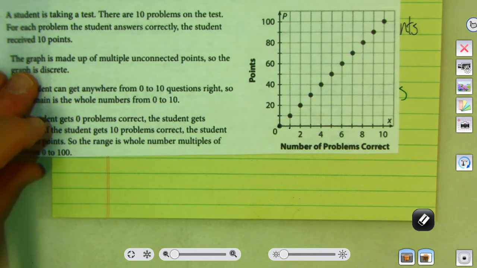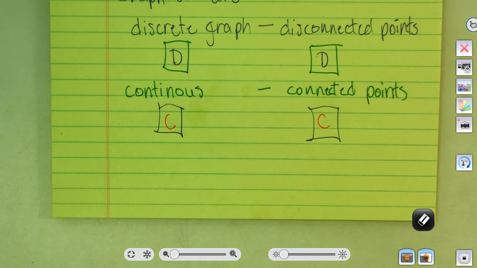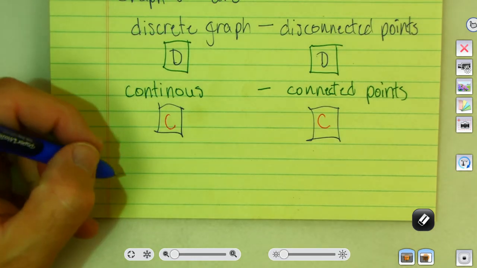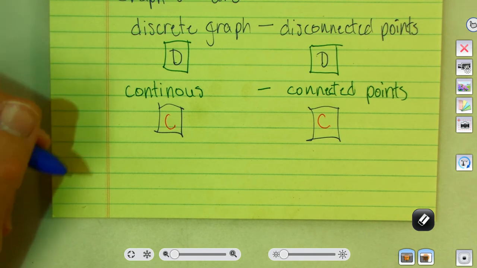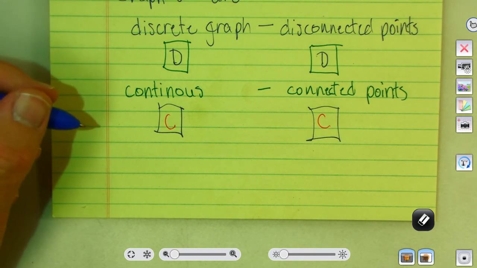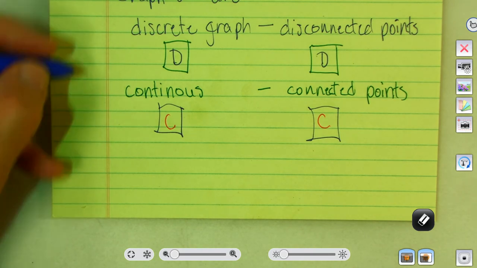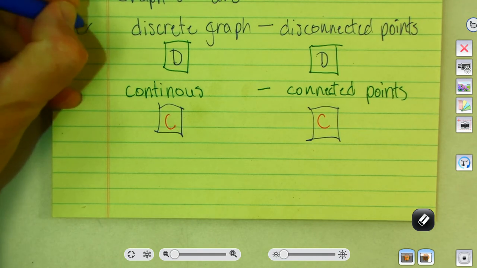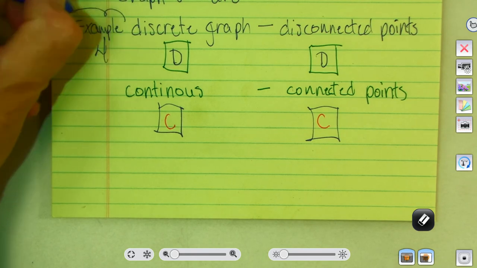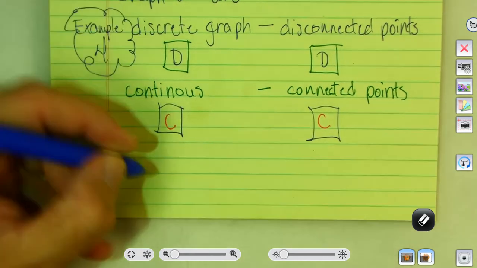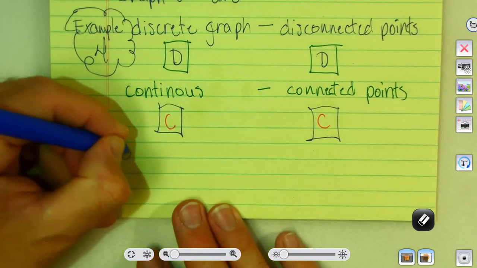But it also adds one other thing, and the question actually here says to tell me if it is continuous or discrete. So for example 4, I'm going to state first that it is a discrete graph.